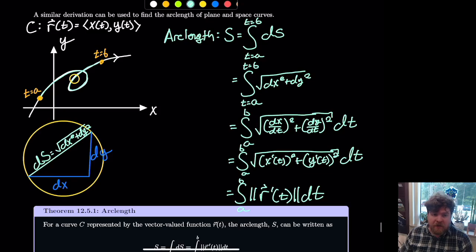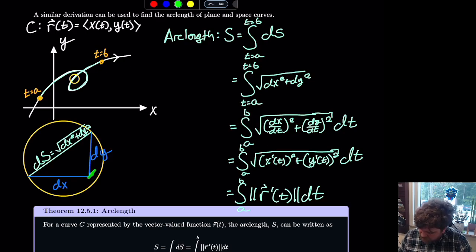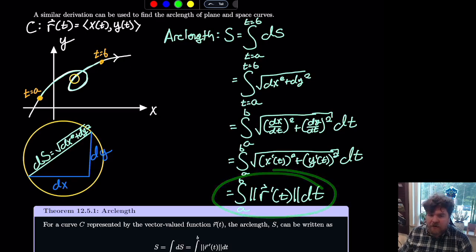Now, the cool thing is that we went through this in the plane. But if we imagined working through the same idea in space, the big change would be that we'd also have some sort of change in z values, depending on how we wanted to orient our three-dimensional space, which would mean that we'd have a plus (dz/dt) quantity squared here, which would mean that we'd have a z prime here, and we'd still be left with the integral from a to b of the magnitude of r prime of t dt.